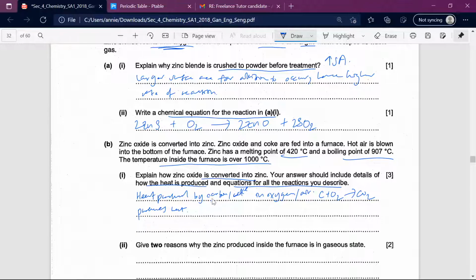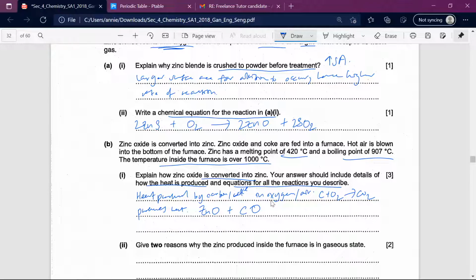And then you need to know that zinc oxide is converted to zinc. And how does this happen? It is actually by the displacement of the zinc from the oxide.